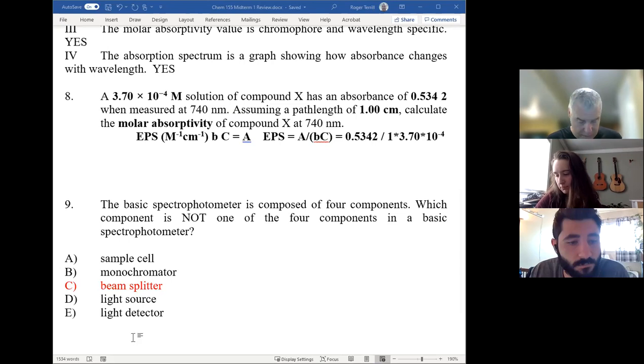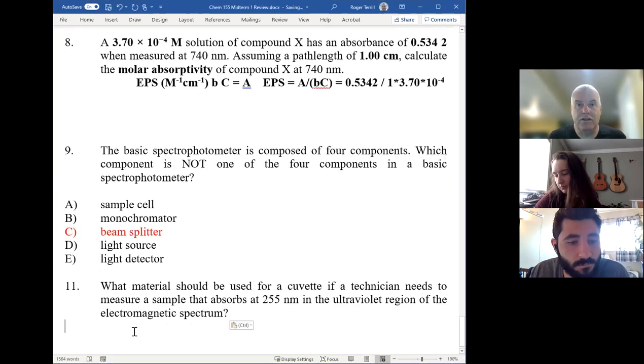Here's a good one. What material should be used for a cuvette if a technician or anybody needs to measure a sample that absorbs at 255 nanometers in the UV region? The answer is basically quartz or fused silica.